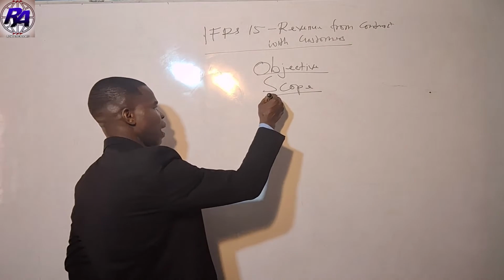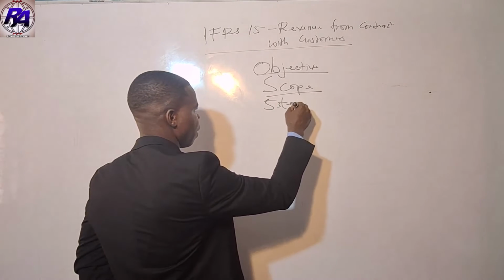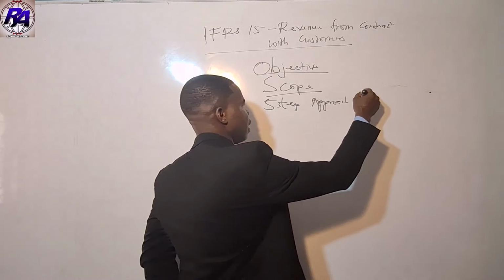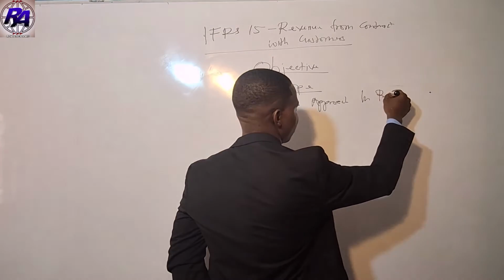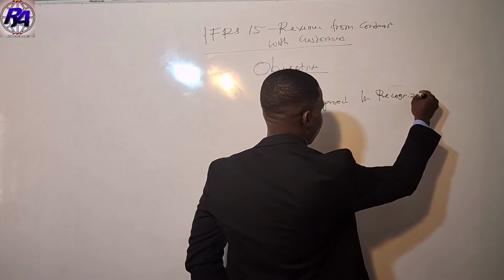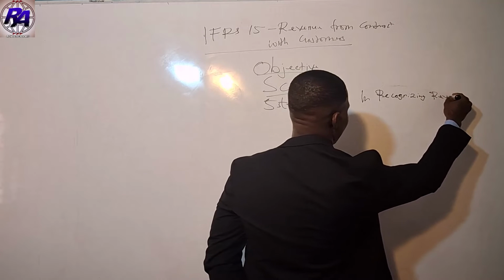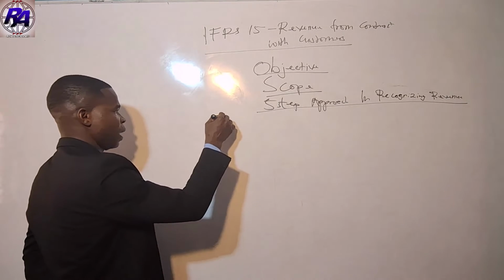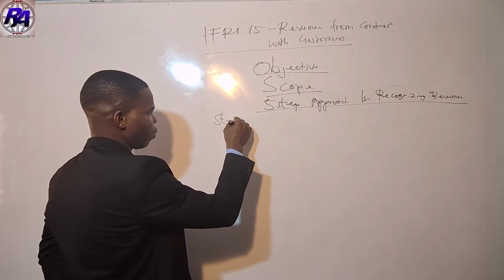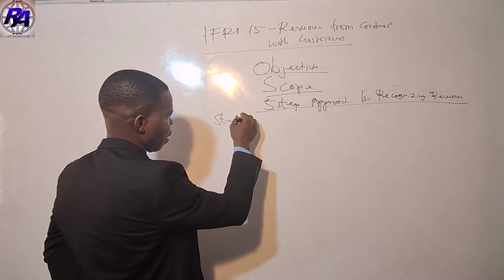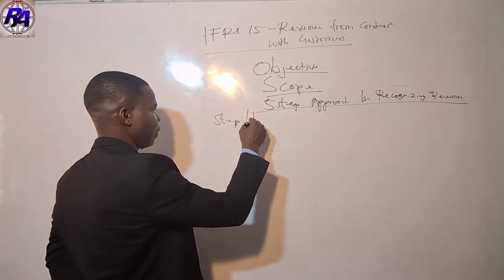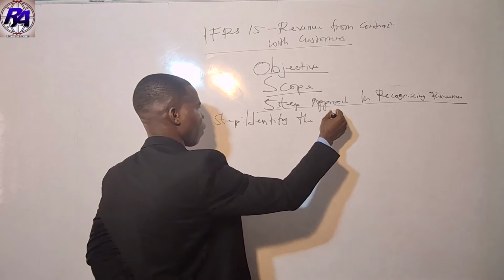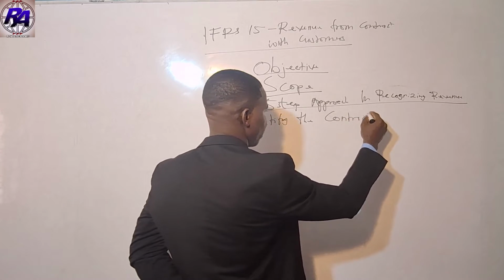So the standard prescribes a 5-step approach in recognizing revenue. We have step number 1, where we identify the contracts.